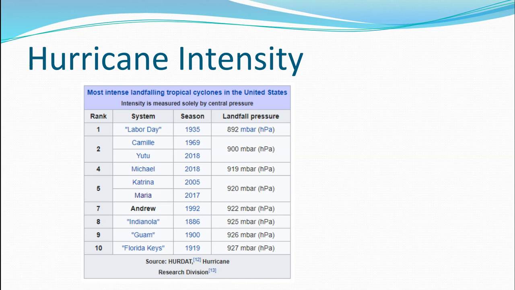And so for the United States, at least, the most intense hurricane that had the very lowest pressure at landfall was the Labor Day hurricane in 1935. And we're going to talk about this quite a bit later because it's a pretty notable hurricane and one of very, very few hurricanes to make landfall as a Category 5 storm.